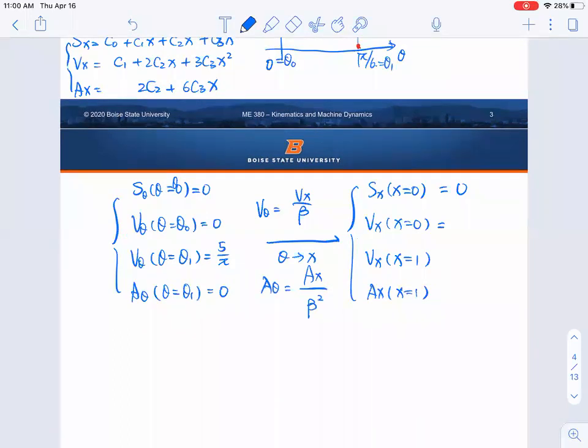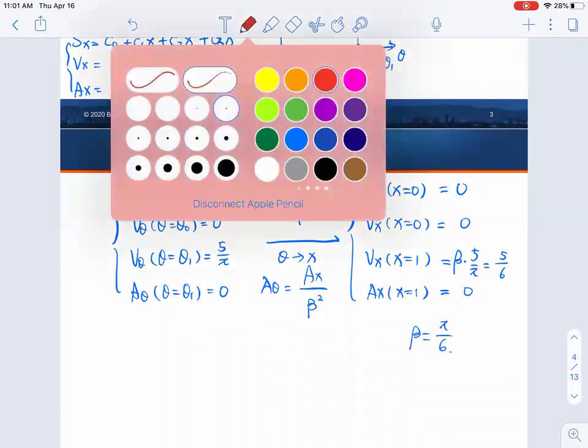The tricky part is when you have velocity and acceleration at 0, you can also copy and paste. But in this case, your V theta is not 0. So that means your Vx is going to be beta times 5 over pi. And remember, your beta is pi over 6, so that means it's 5/6. So make sense? So the tricky part is here.